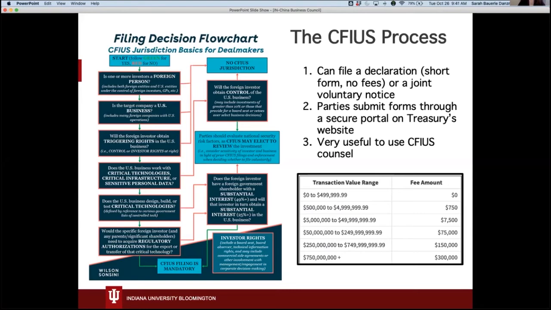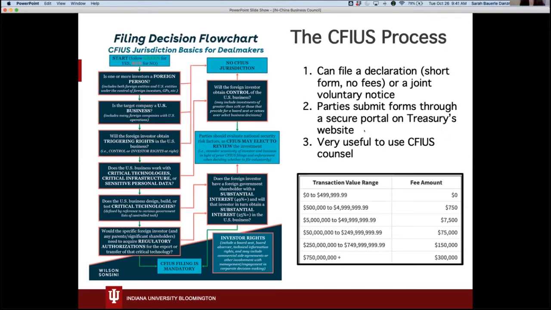You do not need to pay a fee in order to declare, but you could get a request to file. So if you think that your investment is something that the U.S. government is going to have some concerns over, going through a declarations process may just tack on 30 days to the process. And once you actually go through and file, you submit forms through a secure portal on Treasury's website.